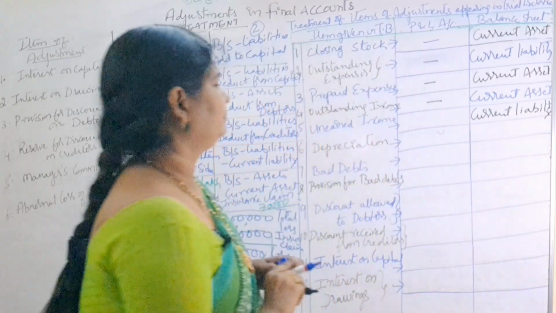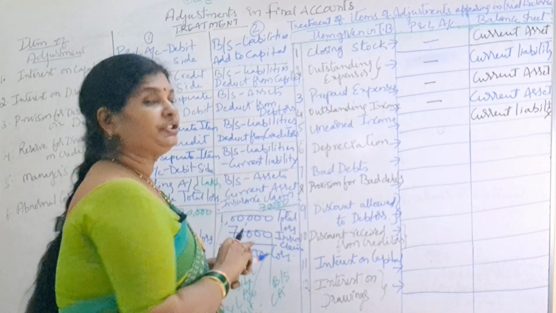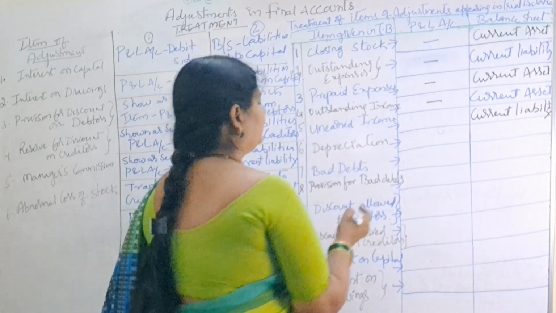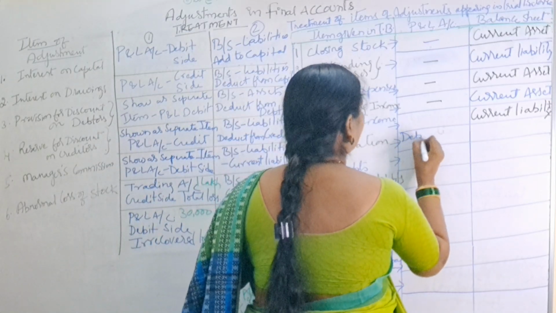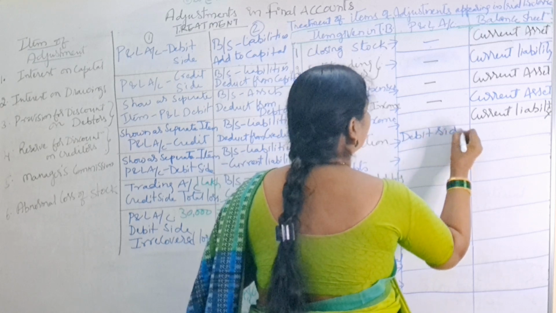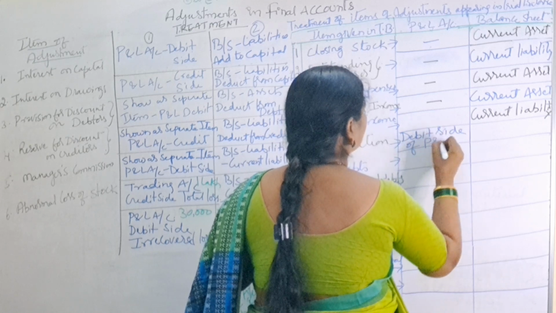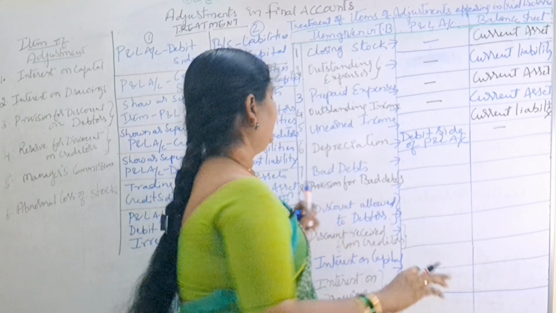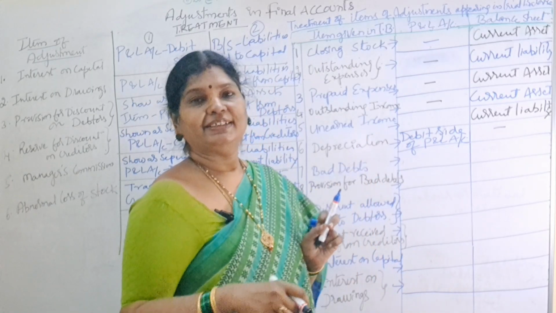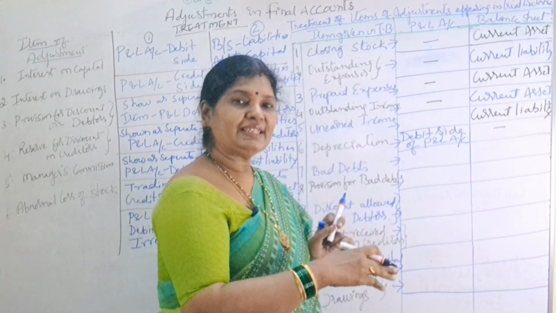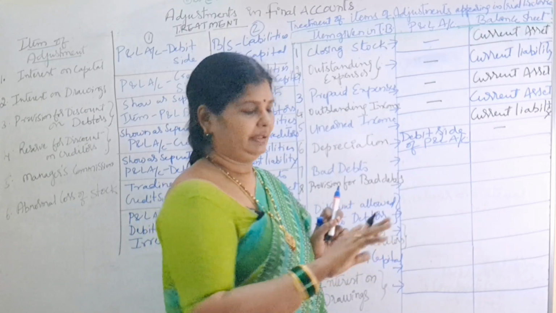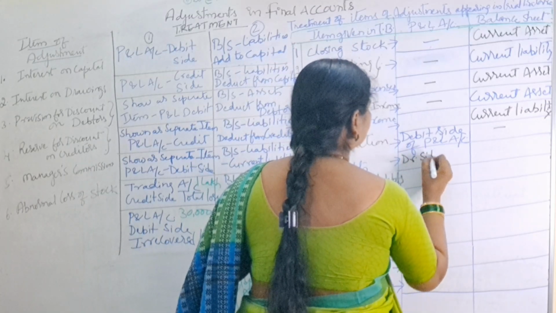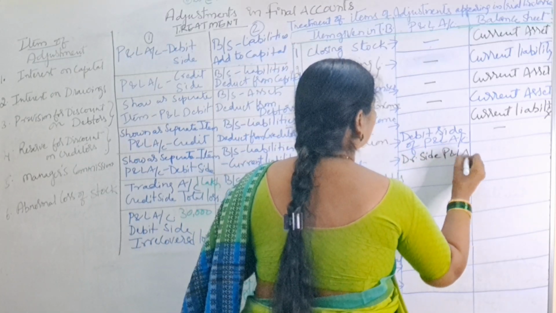Next, depreciation. If you get depreciation in trial balance, go to profit and loss account and show on the debit side. So debit side of P&L account. We will not deduct depreciation from any fixed asset. Next, bad debts. Go to profit and loss account and show as bad debts on the debit side. So here you will write debit side P&L account.